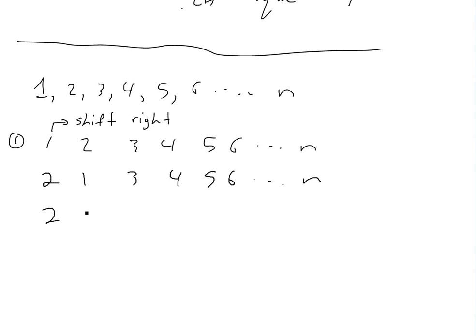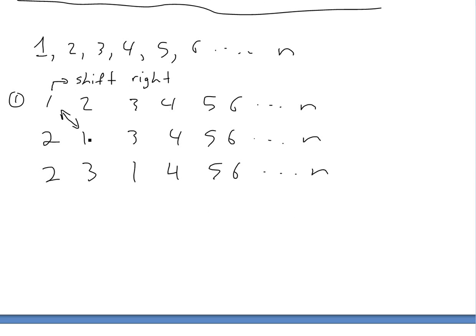We shift again: 2, 3, 1, then 4, 5, 6, etc. all the way to n. As you can see, it's a diagonal across. We keep doing this all the way down, and finally we get 2, 3, 4, 5, 6, etc. all the way until n, and then 1.